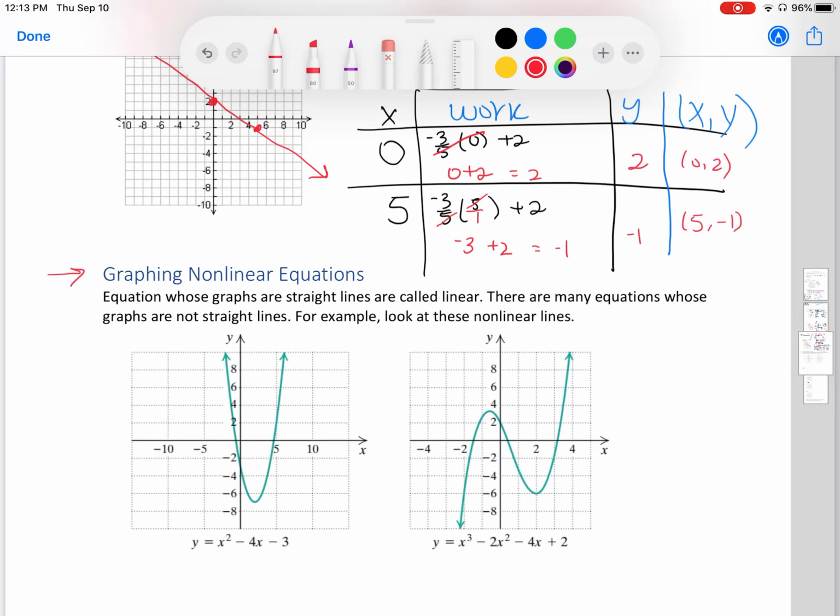Equations whose graphs are straight lines are called linear, but there are many equations whose graphs are not straight lines. For example, look at these nonlinear graphs.